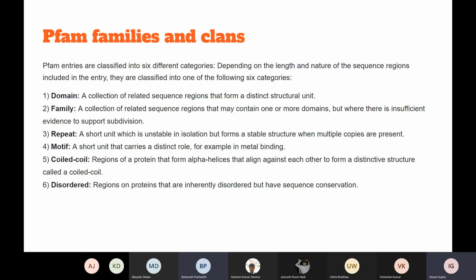This is typically an unstable region which does not form a stable structure in 3 dimensions, but still could have some function. Then you have a motif. It's a short unit that carries a distinct role. For example, you have a metal binding motif.